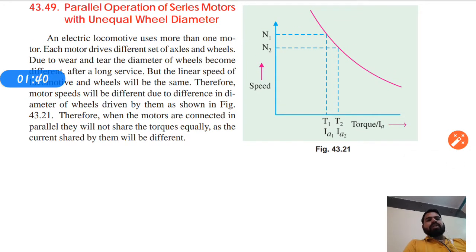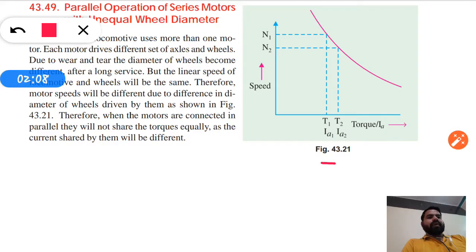Therefore the motor speed will be different due to the difference in diameter of the wheels driven by them, as shown in figure 43.21. Therefore when the motors are connected in parallel, they will not share the torque equally, as the current shared by them will be different.